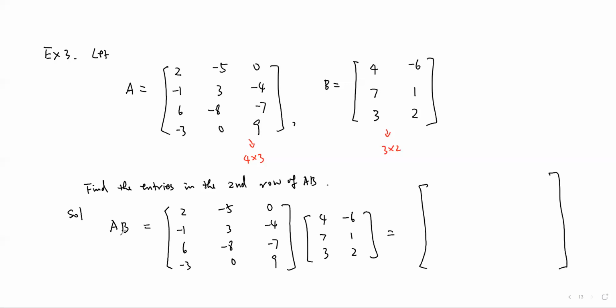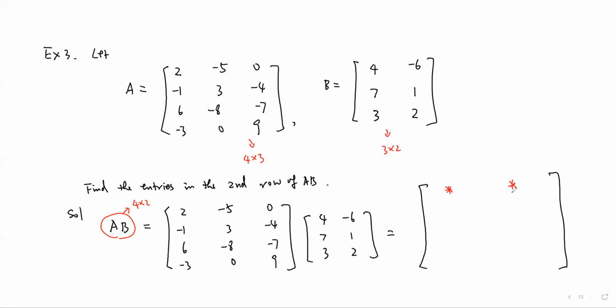The size of A times B should be, let me cancel the middle 3, 4 by 2. A times B is a 4 by 2 matrix. Now I don't need to compute the first row. For the first row, let me put a star. Star means any number.